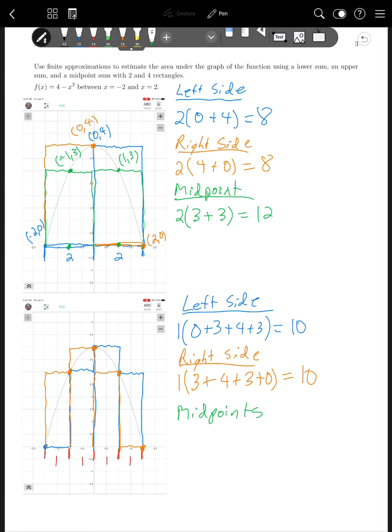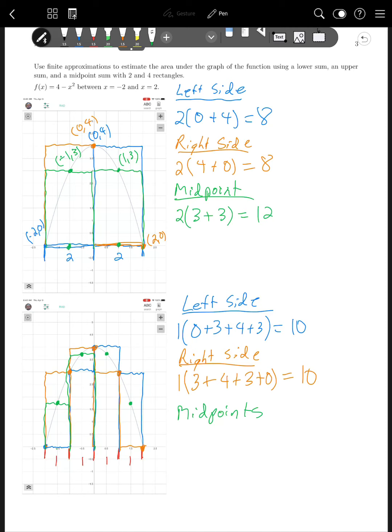Okay, so our width is still 1. But our heights now are, the first rectangle is height 3, the second rectangle has height 4, the third rectangle has height 3, and the last has height 0. So that one would also be 10.